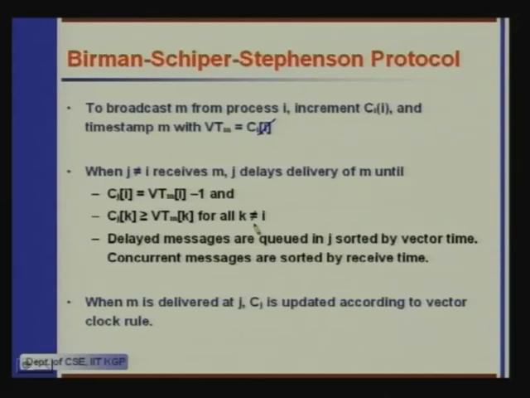Okay. Now, let us understand what we are doing here. The whole issue of delivering messages in order is to decide when to wait or hold back the delivery of a message, because there are other messages which happen before this message, but have not yet reached me. This is the main issue. If I have received two messages, I know which one has a smaller timestamp than the other, and I can always use that timestamp.